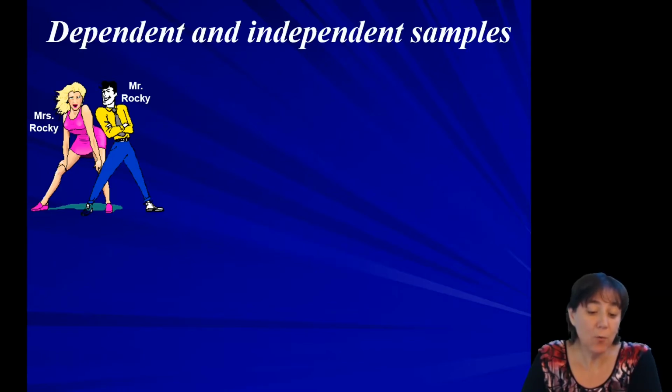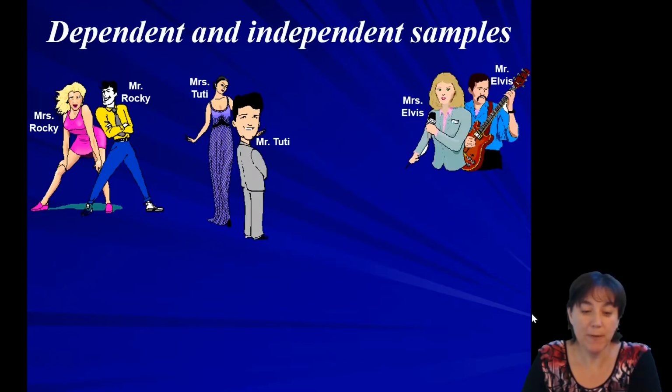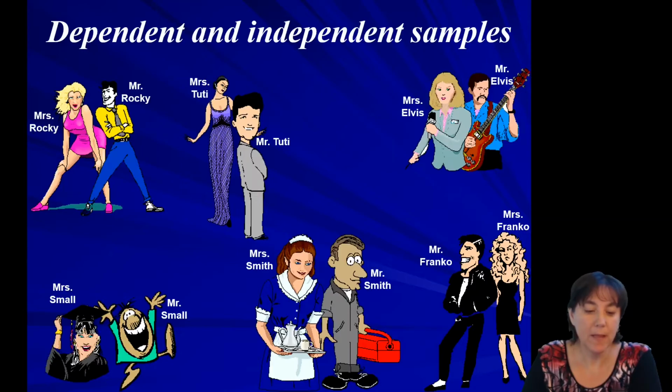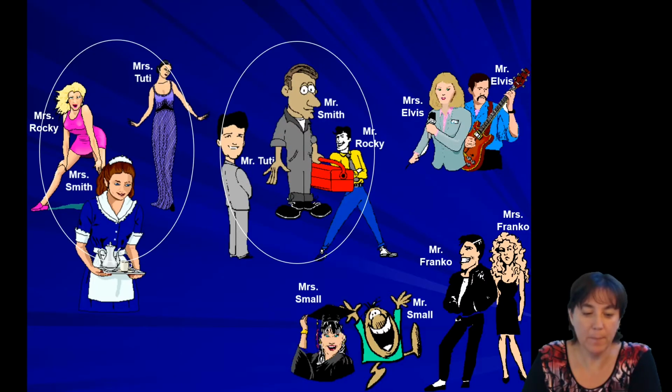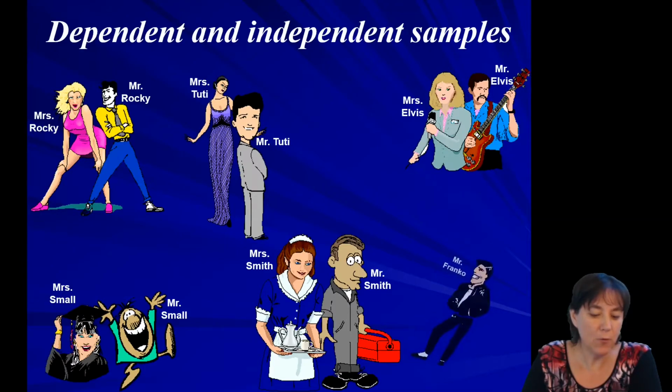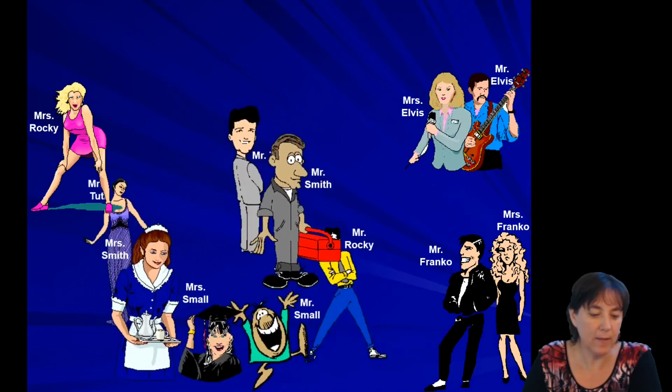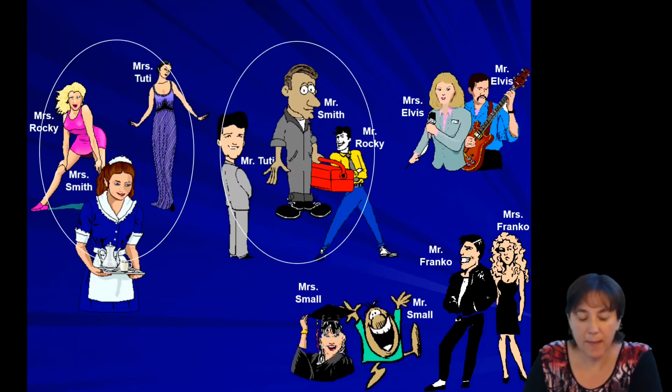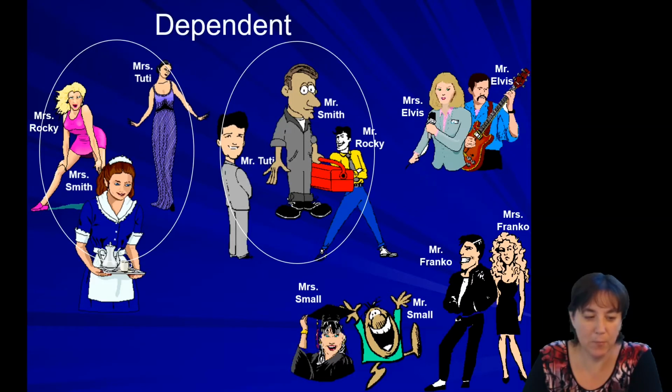So we have all these people who will accompany us in our quest, and we are going to make groups of them for our database. So if we group them as such, then, I gave it away, sorry, they are dependent samples. Okay, why? Because they're related. We have the Smiths, the Tutis, and the Rockies.